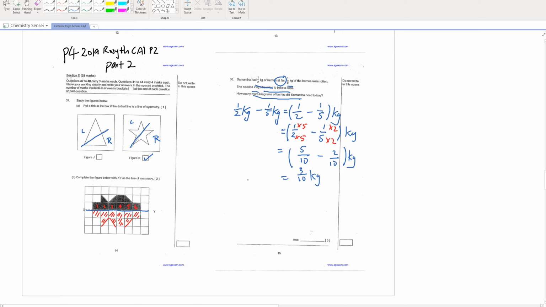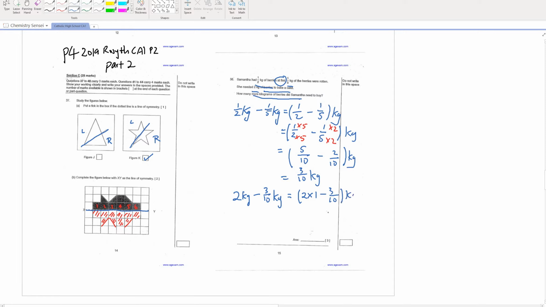This can be found by taking the total amount of the berries she needs minus away what she currently has to find out how many more kilograms of berries she needs. So we have 2 kilogram minus 3 over 10 kilogram. So 2 kilogram is the same as 2 times 1 kilogram.